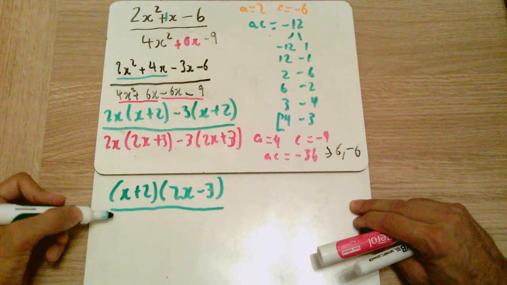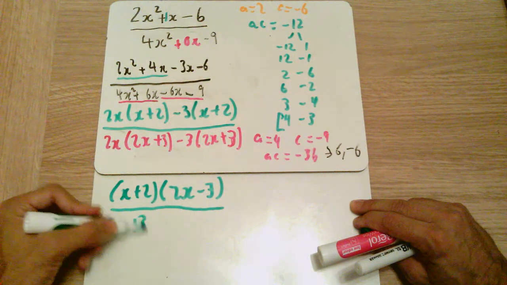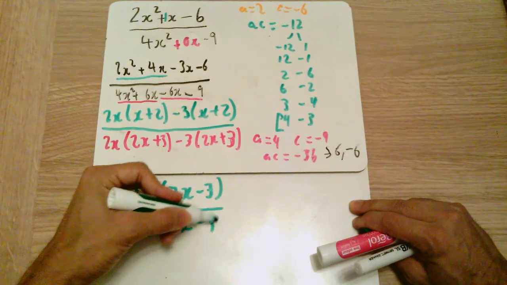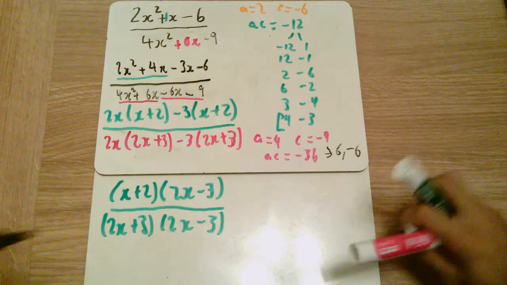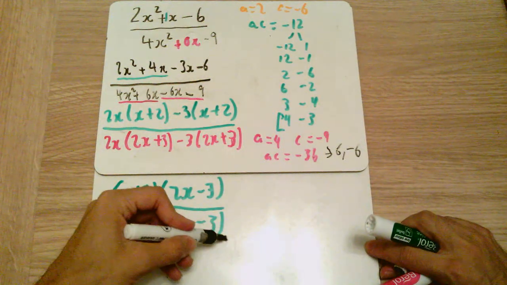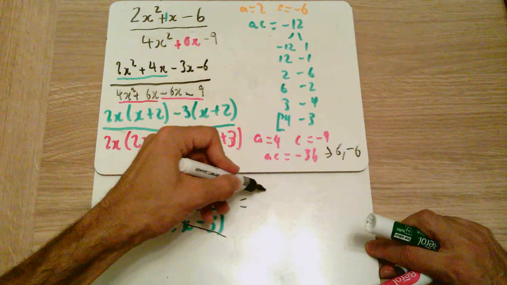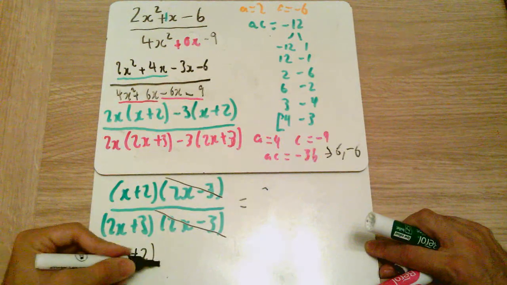And on the bottom we have 2x plus 3 is common over there, and we're left with 2x minus 3. And now to finish that up, we can cancel out what's common. We can see that what's common is 2x minus 3, so we're left with x plus 2 over 2x plus 3.